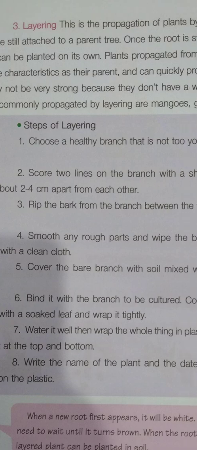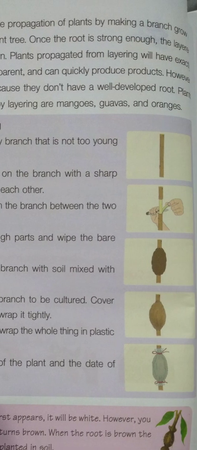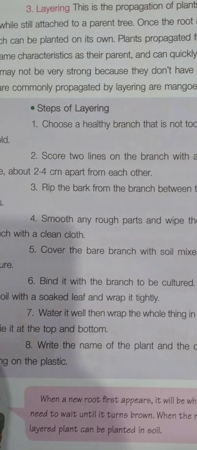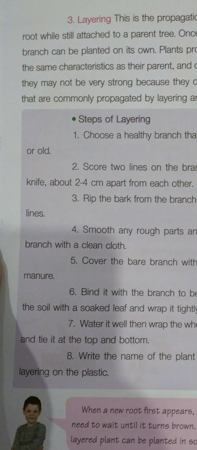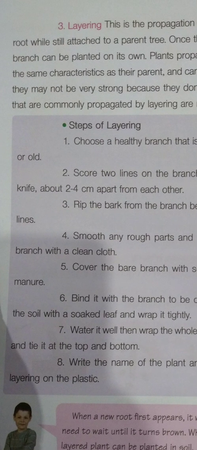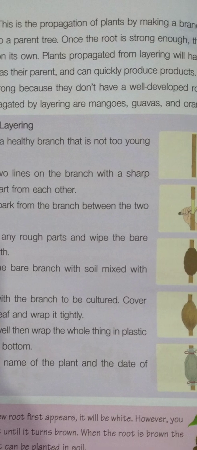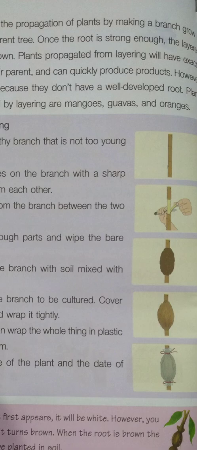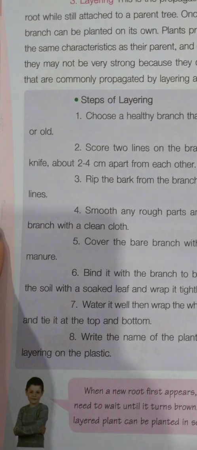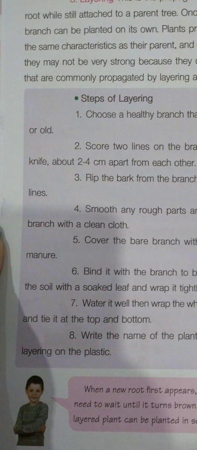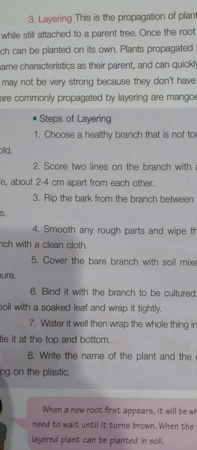Layering is the propagation of plants by making a branch grow roots while still attached to a parent tree. Once the roots are strong enough, the layered branch can be planted on its own.